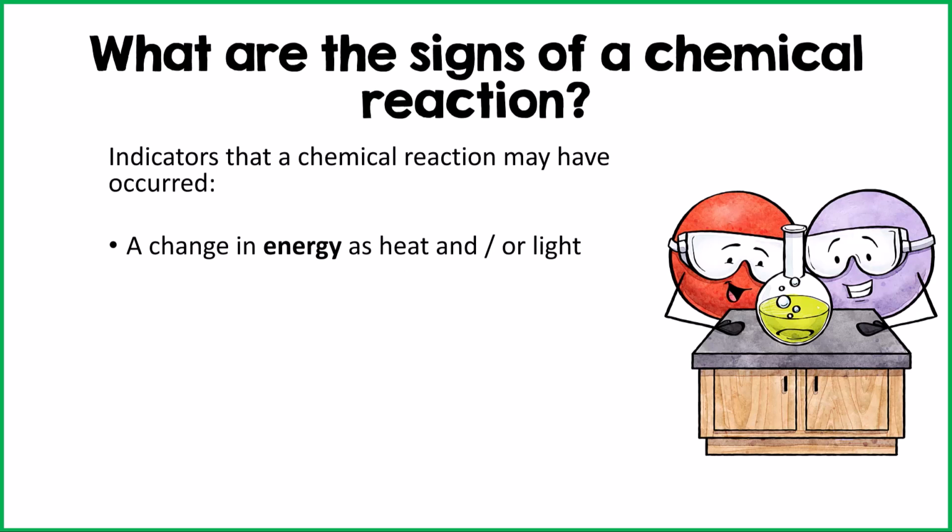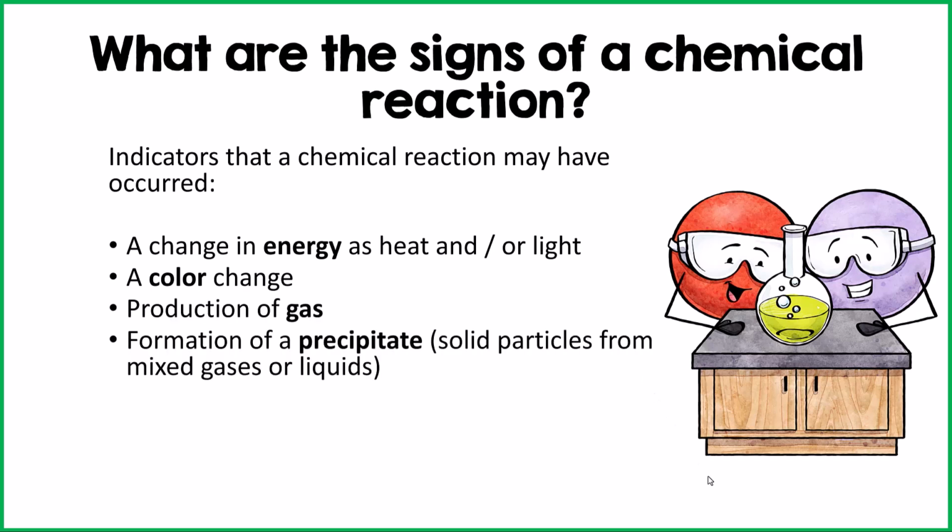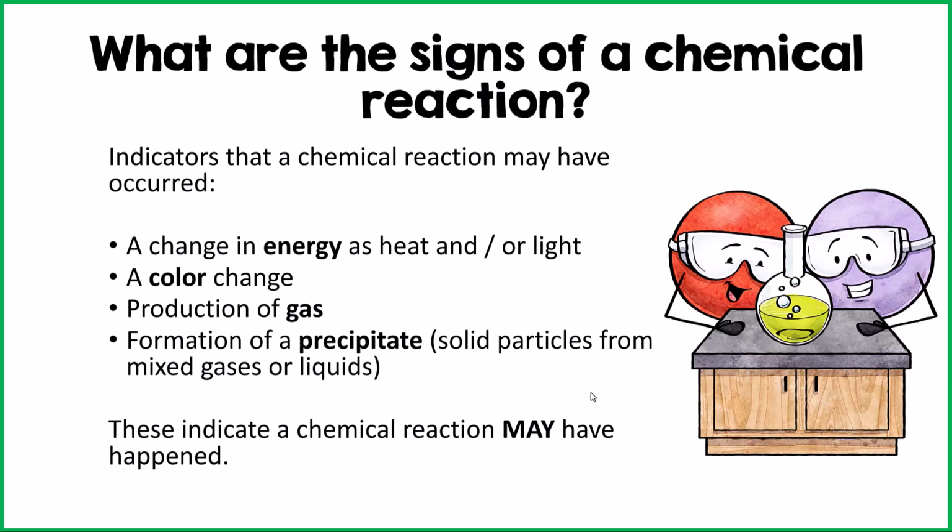Sometimes we can see something burning, or you can see light being produced from a chemical reaction. A color change is an indicator that a chemical reaction has occurred. The production of gas, or the formation of a precipitate, which is a solid particle or solid particles that are formed from mixing gases or liquids together. So these indicate that a chemical reaction may have happened.